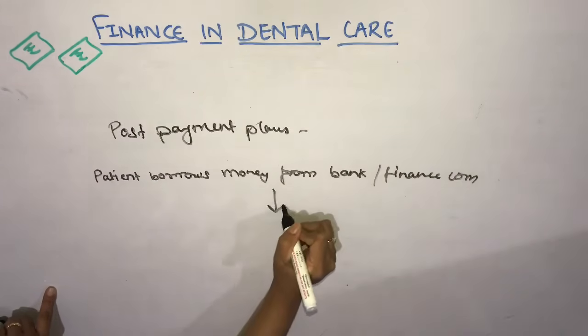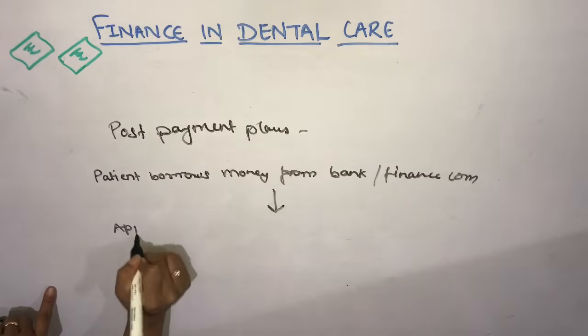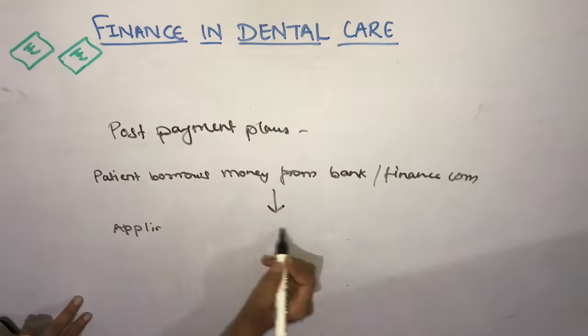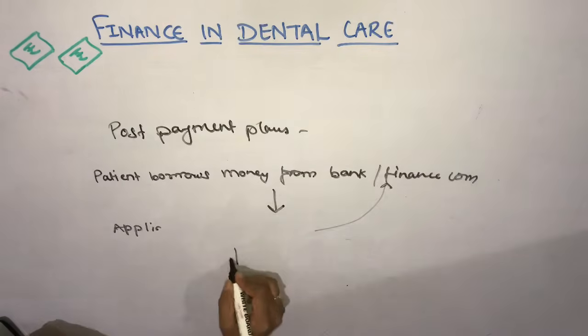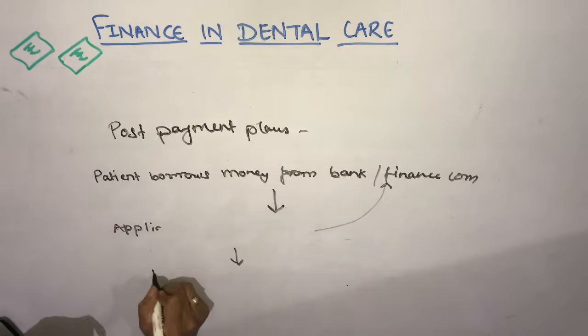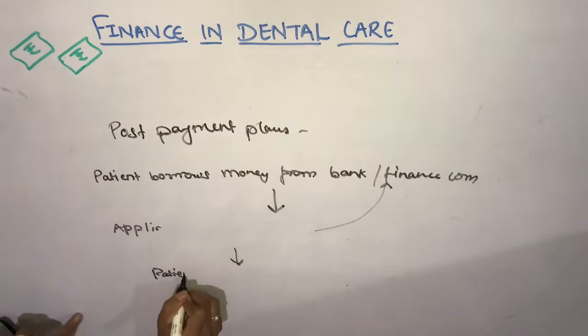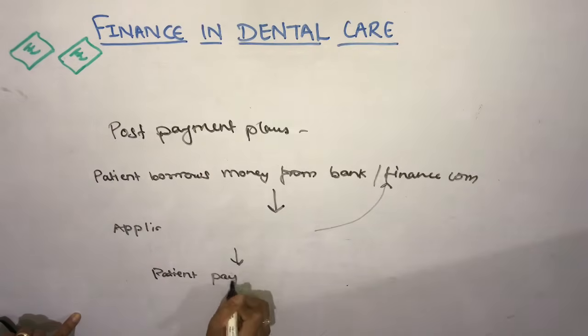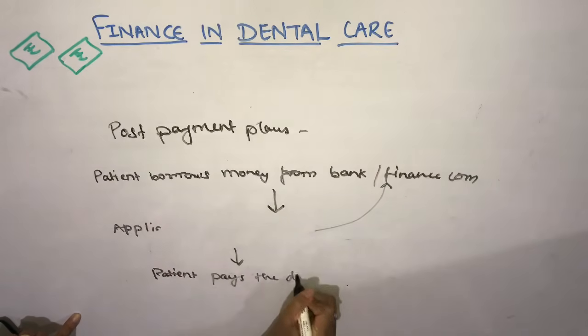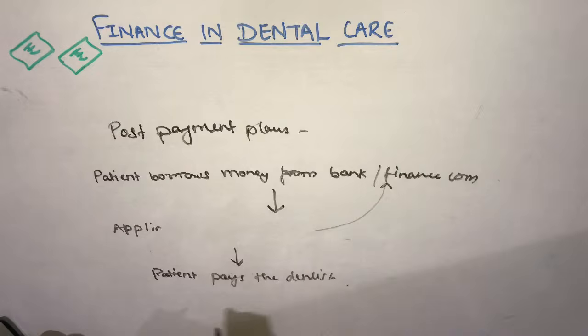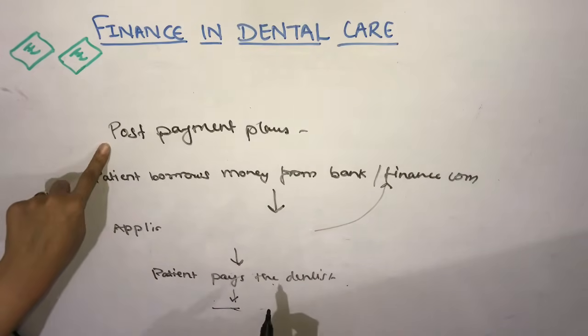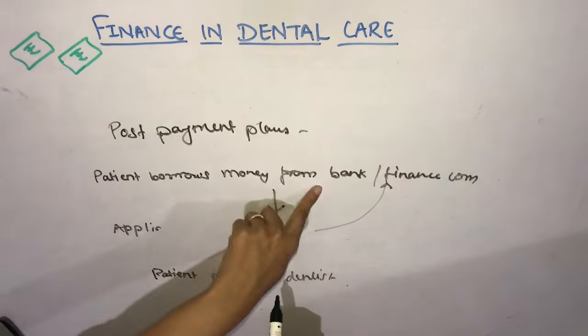After that, the application is approved by that bank or the company, and then the patient pays the dentist whatever the cost is. After this the patient repays the cost to the bank in a budgeted amount.